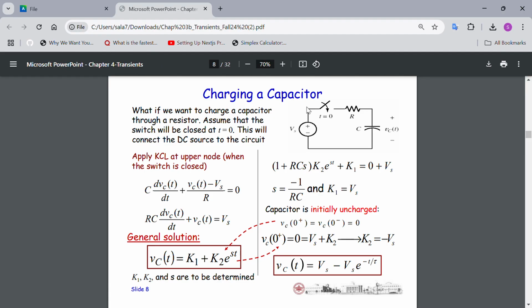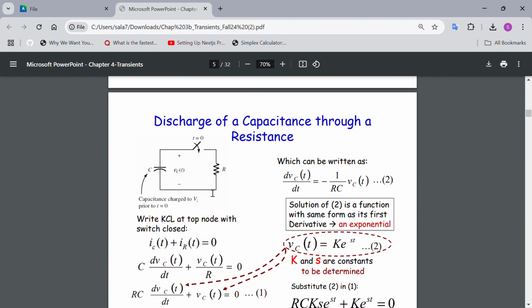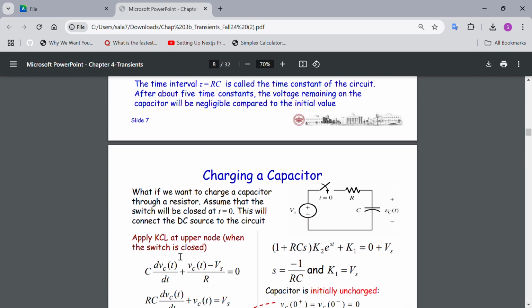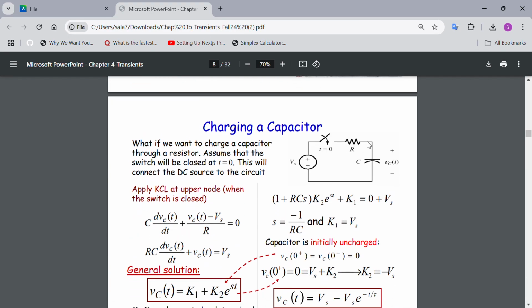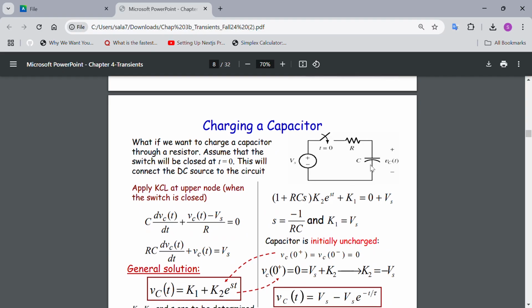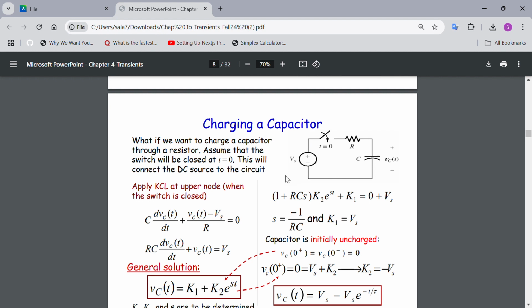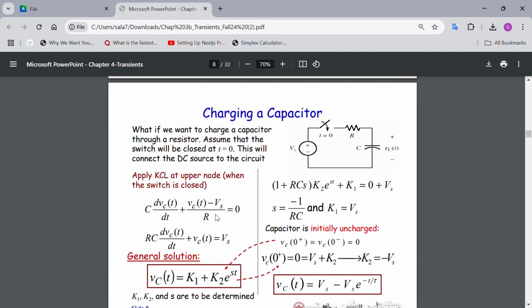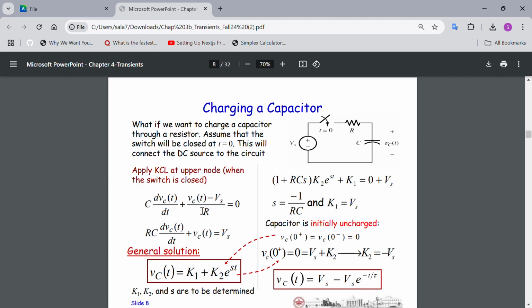One current is the current through the capacitor, which is C dV over dt, and the other current is the current through the resistor, which is Vc minus Vs over the resistance of the resistor.